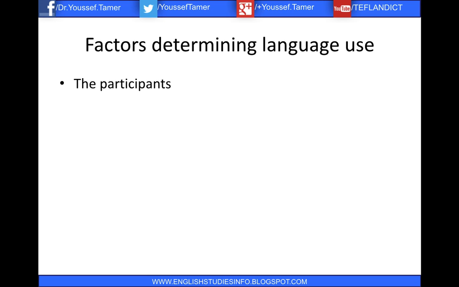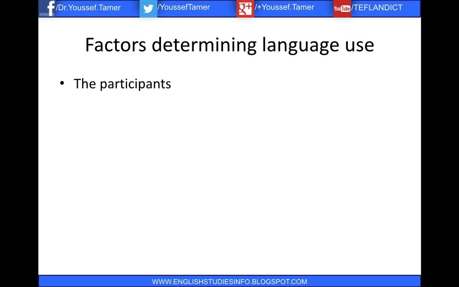And here I would like to refer to a very good title of an article by Fishman. He gave a good title because the title summarizes the scope of sociolinguistics. The article was published by Fishman in 1965, and it is called Who Speaks, What Language, To Whom, and When.